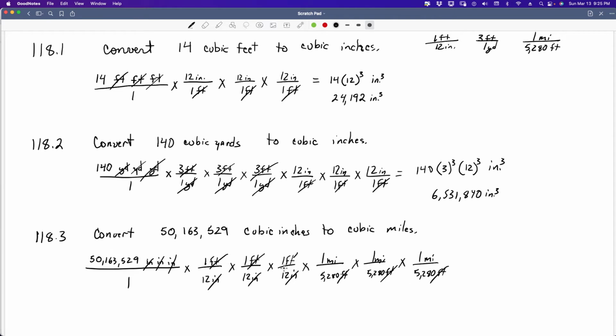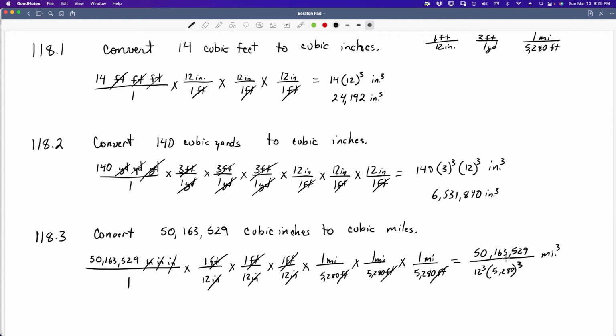That cancels the final unit of measure of feet, and that is going to equal 6,531,840 over 12 cubed times 5,280 cubed. And that's going to be in miles cubed.